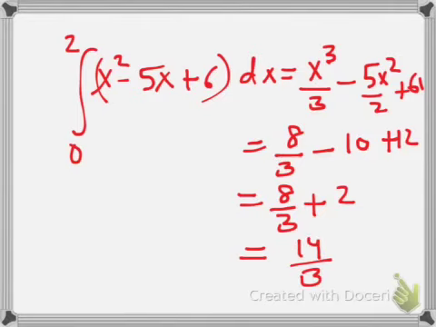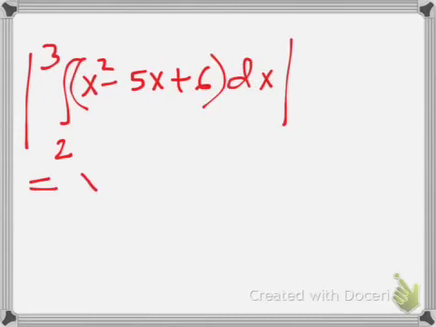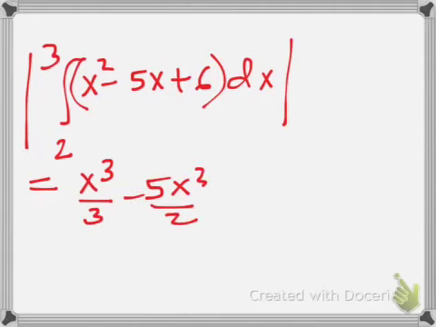That is the first part, and the second part is from 2 to 3, and that's the absolute value, so it must be negative. 2 to 3, same thing, x squared minus 5x plus 6 dx, with the same antiderivative, x cubed by 3 minus 5x squared by 2 plus 6x.